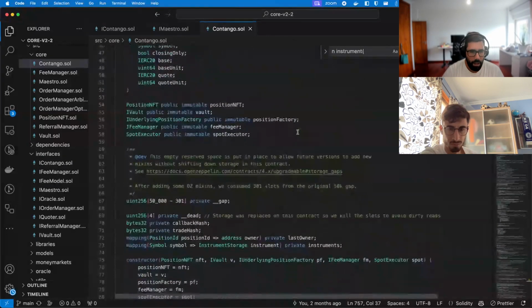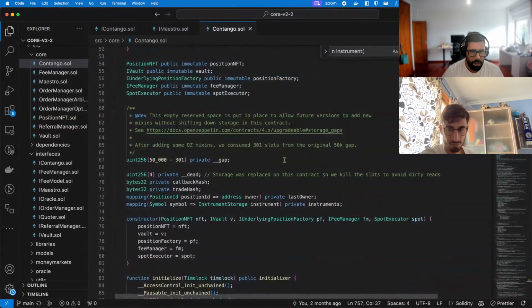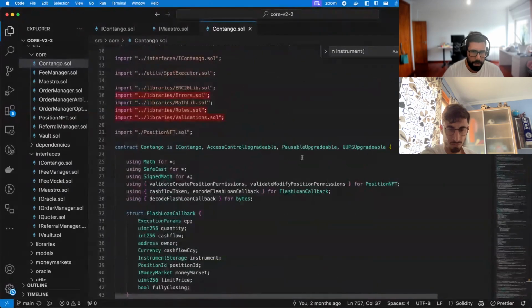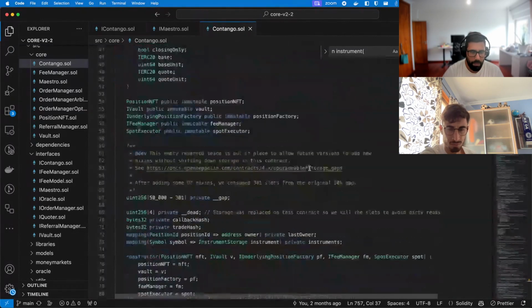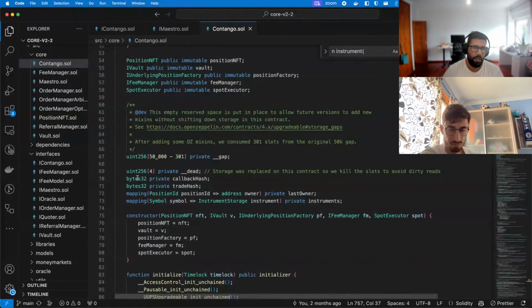So yeah, this is all standard. We use UUPS proxies, so we need to be very careful with the storage. What we did is we reserved a lot of slots for ourselves. If we ever need them, we can always add stuff afterwards.